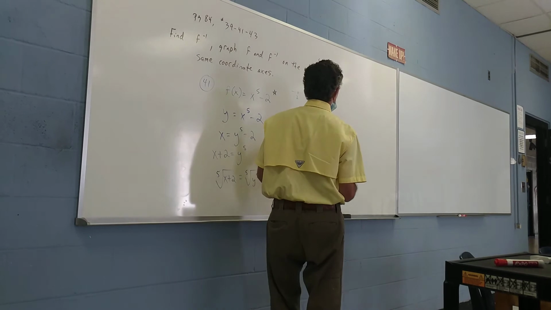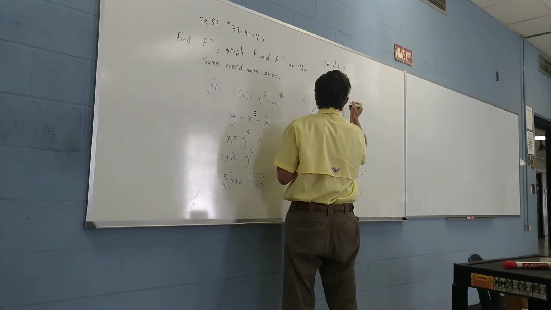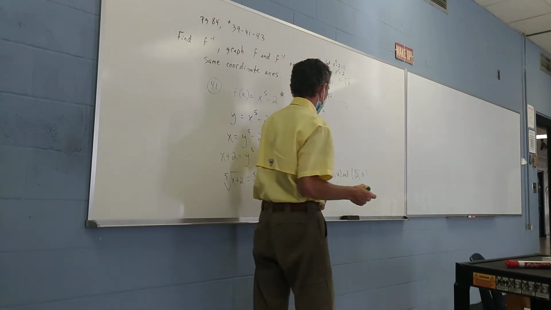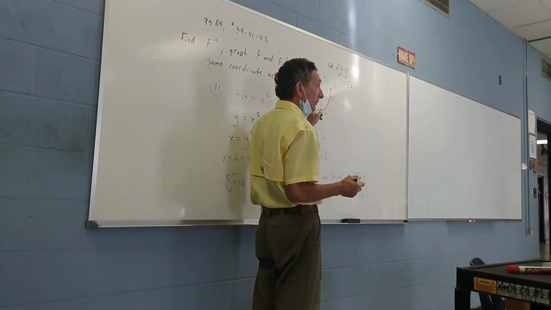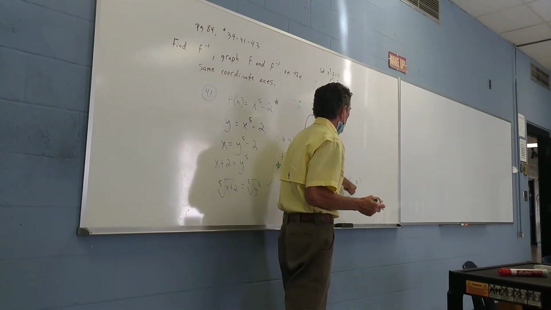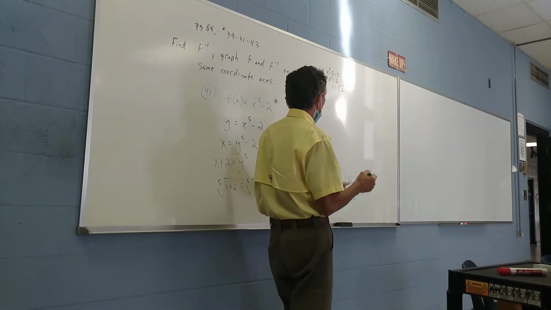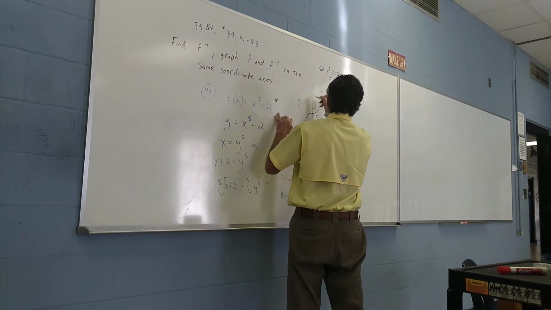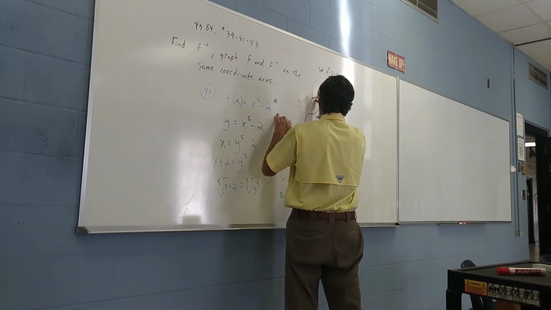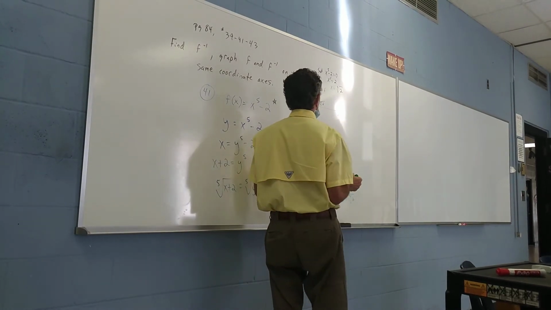So that's on the x-axis. So the point for F inverse is (-2, 0). And this point is a little bit bigger than (1, 0). So the y-intercept I'm going to graph now is (0, a smidgen bigger than 1). Not much.